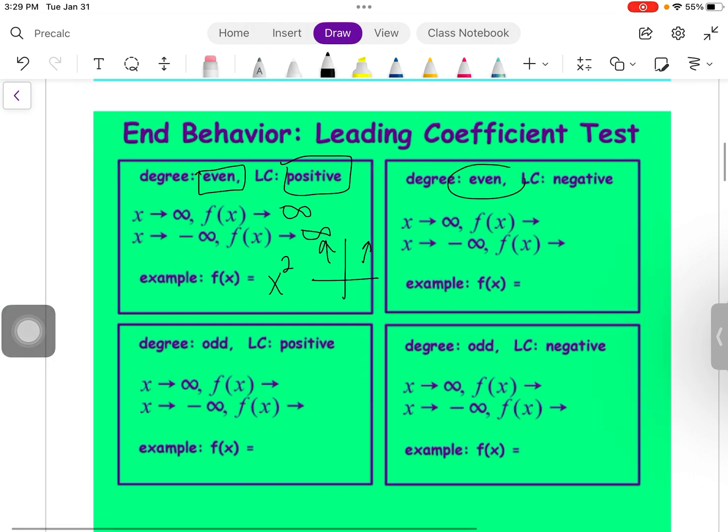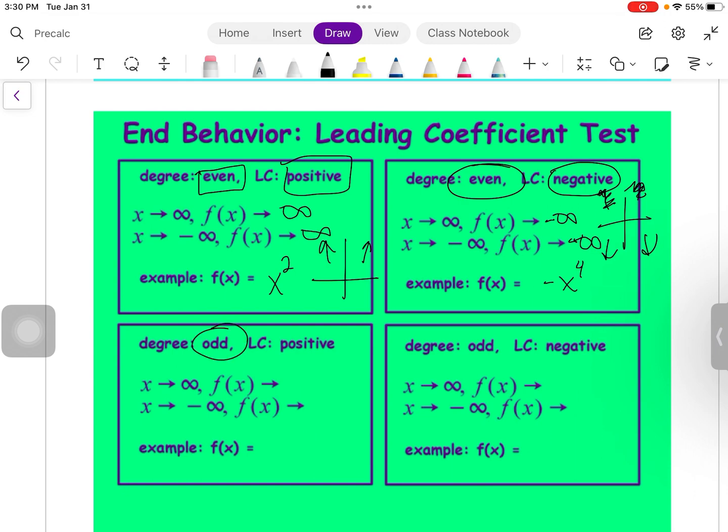Now, if it's an even degree and a negative leading coefficient, like a negative x to the fourth power, it would have been going up and up, but that negative in front is going to make it go down and down. So it's now negative infinity and negative infinity.